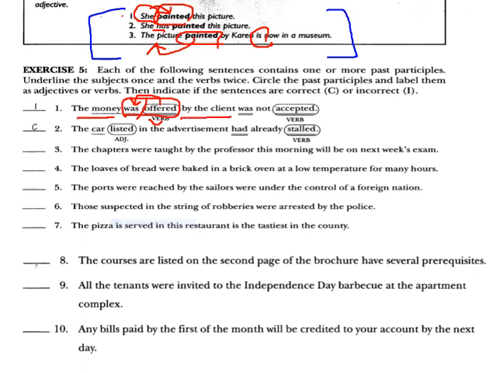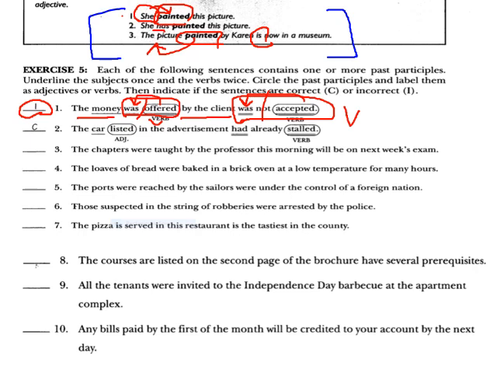By the client is prepositional phrase, was not accepted. Here we have accepted, which is past participle, and it comes accompanied with a verb to be, which is was. So here we end up having two verbs. So the sentence is incorrect because it contains an extra verb.